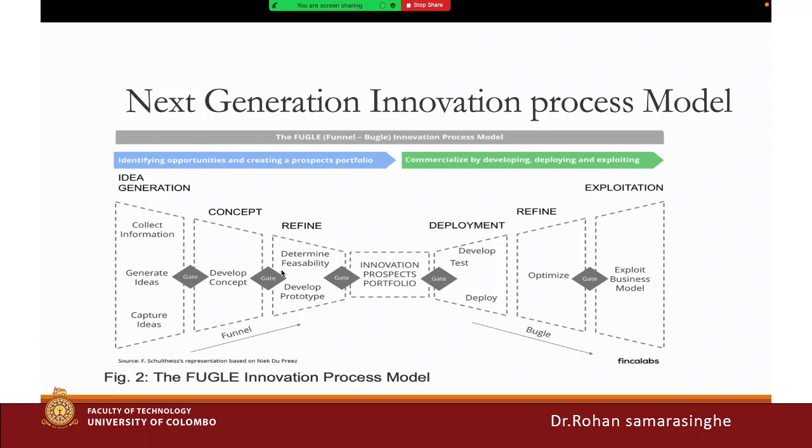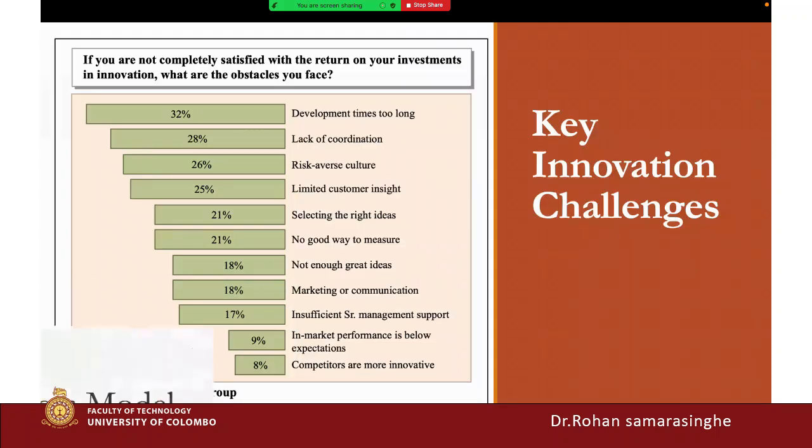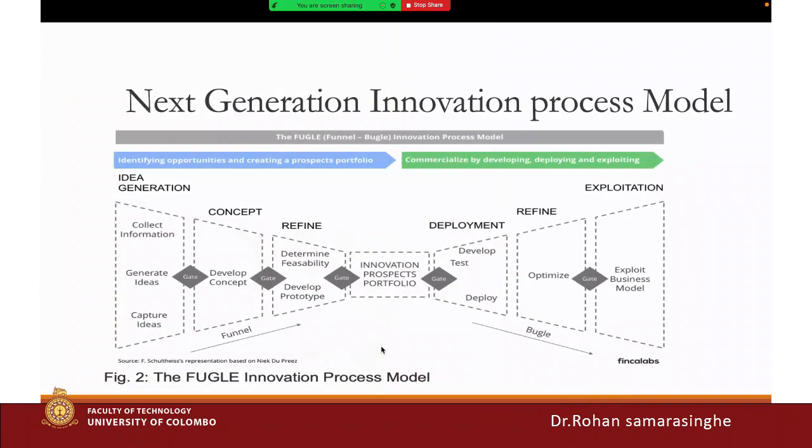So understand the feasibility, whether it can be done with the available resources, and develop the prototype. The prototype development is done and we see whether it can be done.